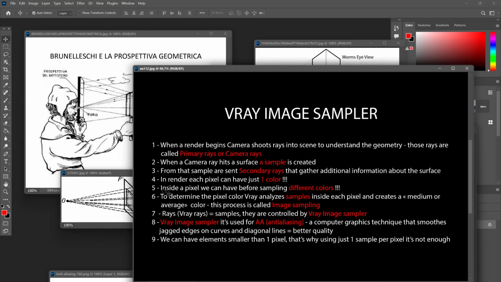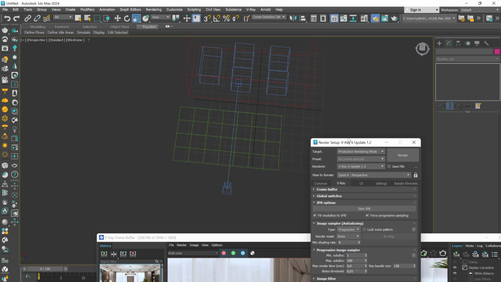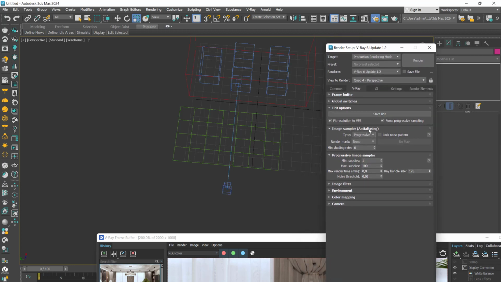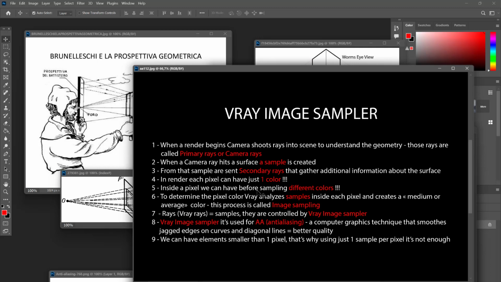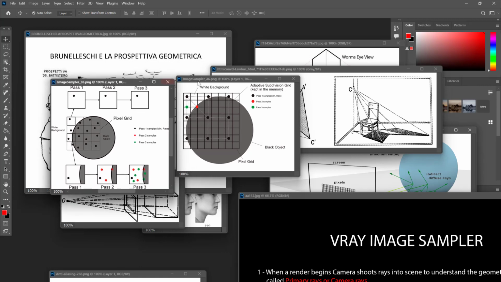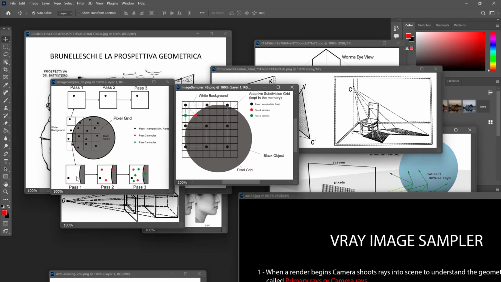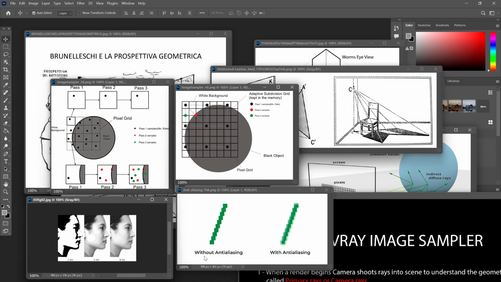Although in the process of sampling, which is what we are doing right now, I'll get to that in a second, we can have inside our pixel a few colors. This is about quality, image quality. We will get to that.